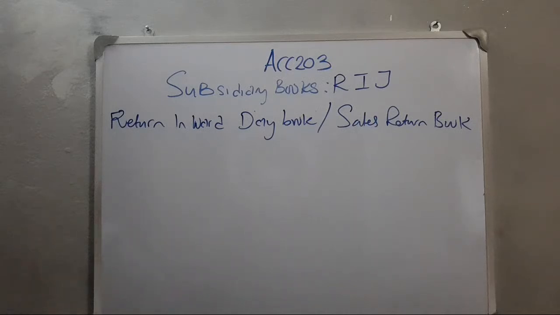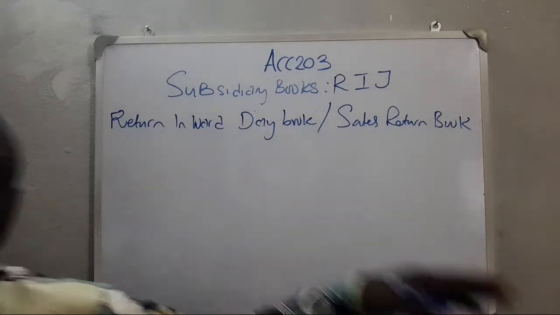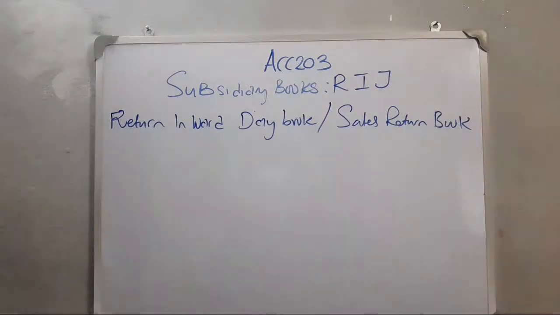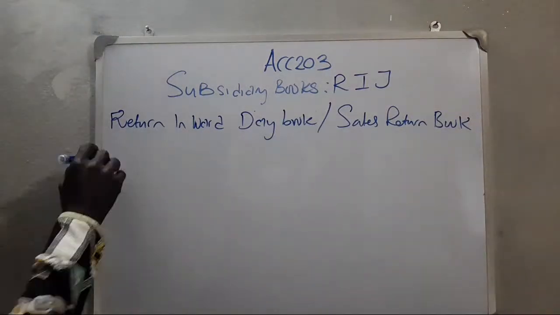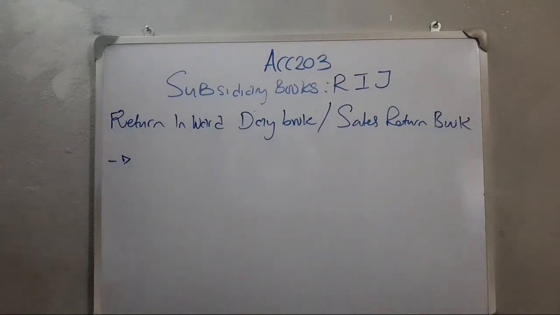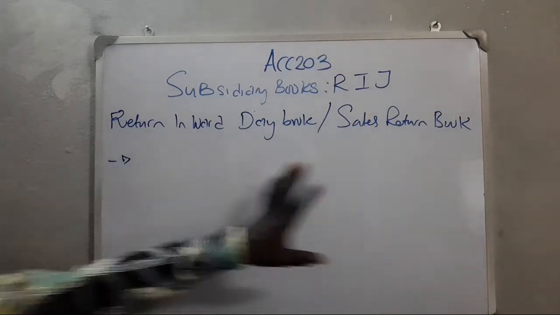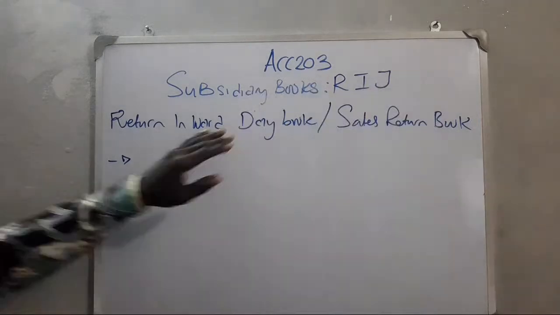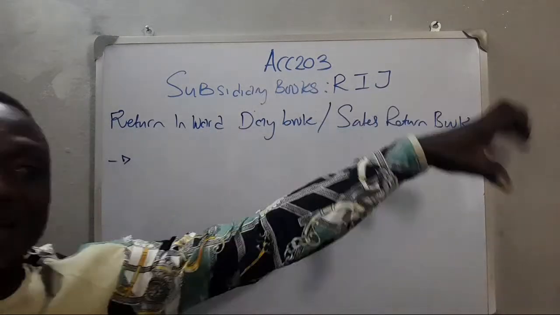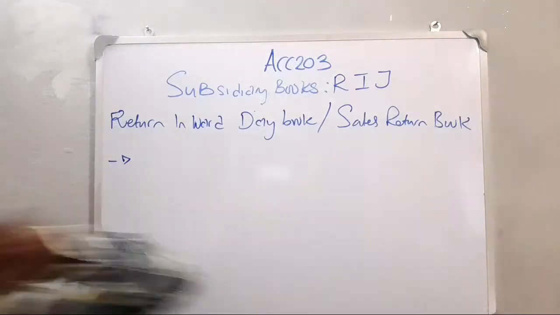The seller has already balanced that account. So where will the seller record this? Where will he or she put these returned goods when the money has been collected and the account has been balanced? That is where we now have return inward journal or return inward day book. This is where it comes in. Are we together?